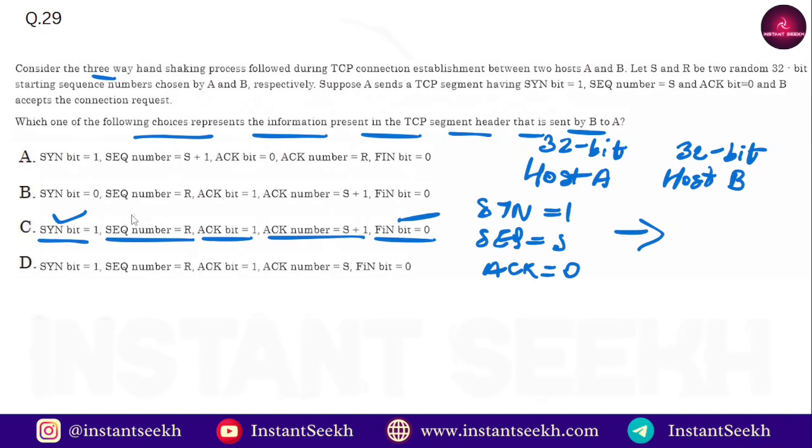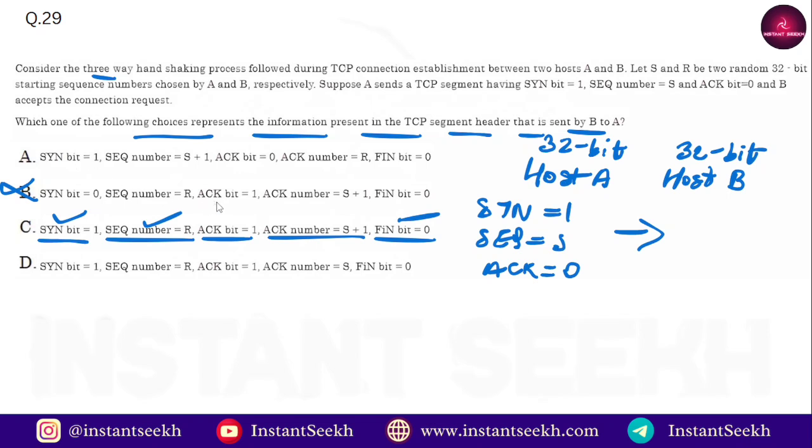Sequence number in TCP is used for counting each byte transferred in a particular connection, starting from the first byte of data. So if this is there, the information is present in the header. Acknowledgement bit is equal to 1. Why not the other options? Here the SYN bit is 0, so the connection isn't established.